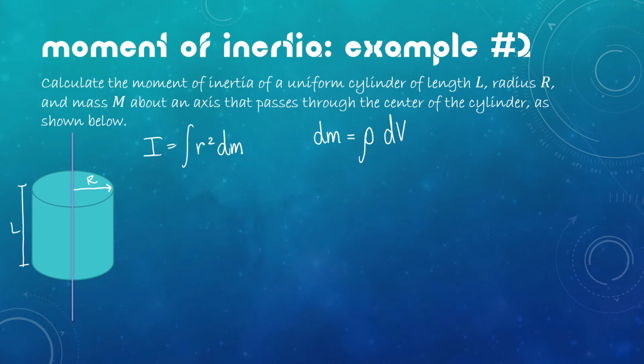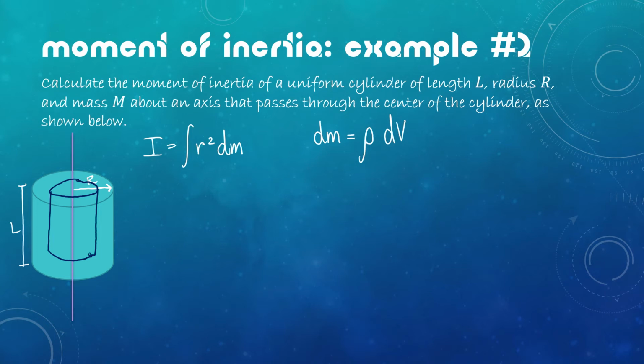Last time that little bit of mass was kind of like a point particle. This time my little bit of mass is actually going to be a kind of hollow cylinder itself. And the reason I'm using a hollow cylinder for that little bit of mass is every point on that cylinder is going to be the same distance away, the same r value from my axis of rotation. So it kind of just simplifies things a little bit.